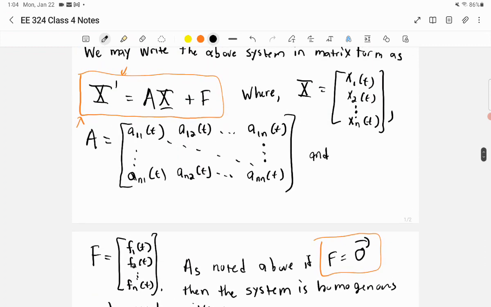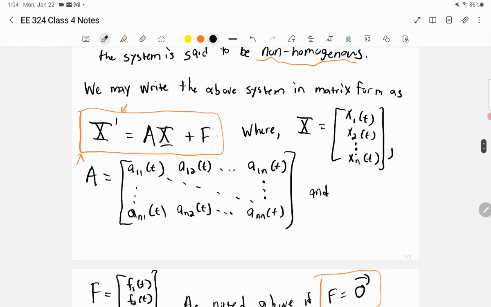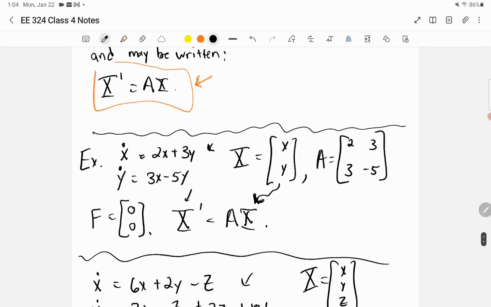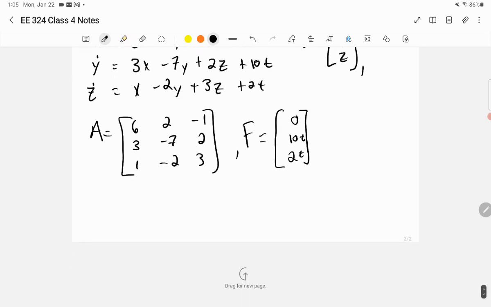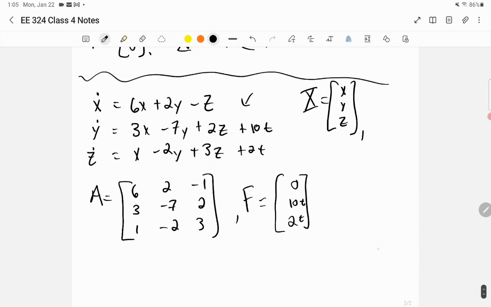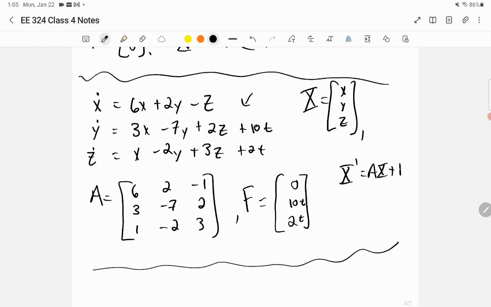Either one would work, right? I could have plus f times t, or just include the t inside of f, whichever is more convenient. So this is an example of how we could write these systems. And then obviously this would just be, again, x dot is equal to Ax plus f. We need that plus f now.